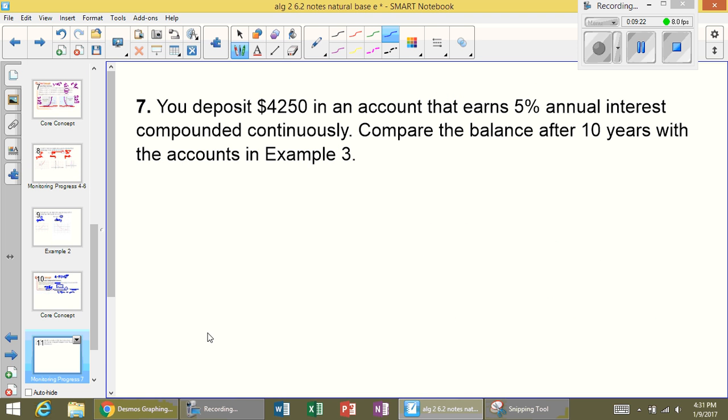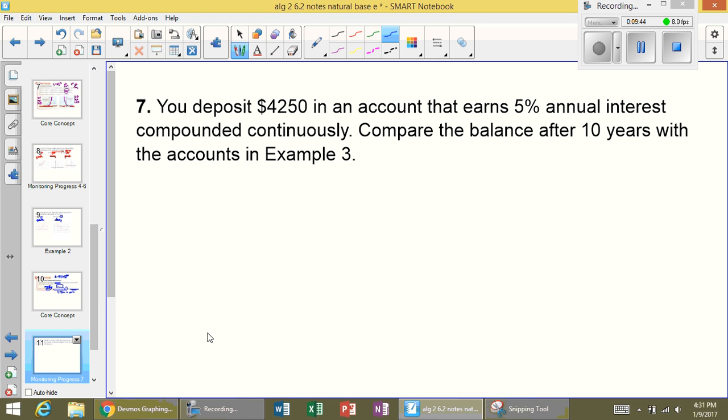So let's take a look at problem number 7 here on slide 11. You deposit $4,250 in an account that earns 5% annual interest, compounded continuously. Oh, hold on, my microphone's twisted. There we go. Compare the balance after 10 years with the accounts in example number 3.